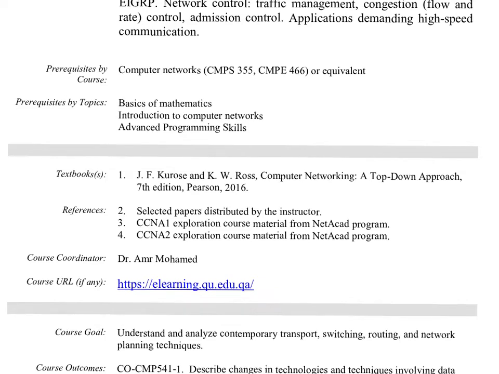These papers are usually recently published papers. CCNA 1 and CCNA 2 material is very much optional. You don't really need it. They are very much secondary as a course reference.